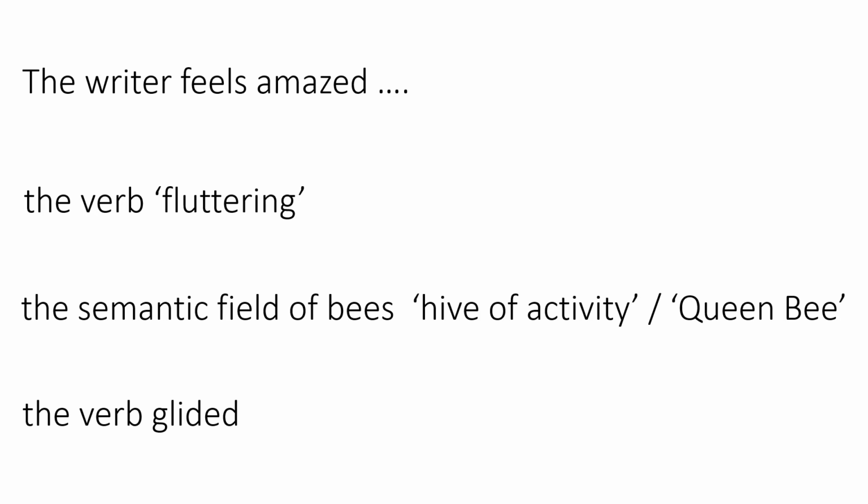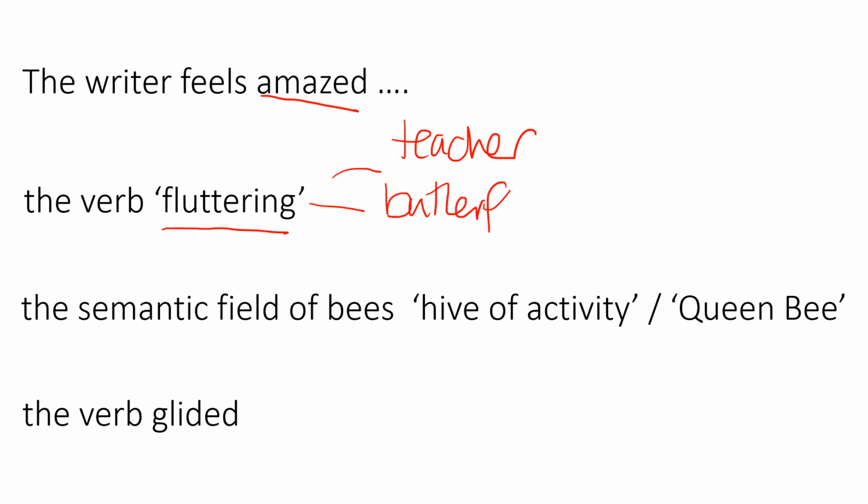So one of the things you need to think about is what's actually going on here. So, for example, the writer is amazed. So the fluttering is to describe this teacher. So the teacher is fluttering. So the idea here, is it a positive or negative word? Well, it's quite positive, and it almost sounds like a butterfly or something very, very good.